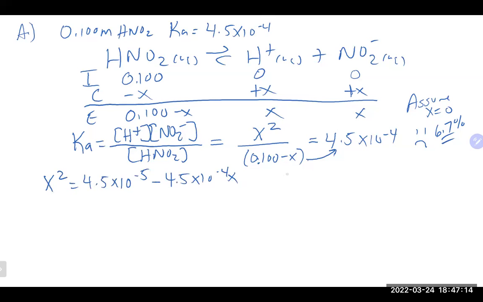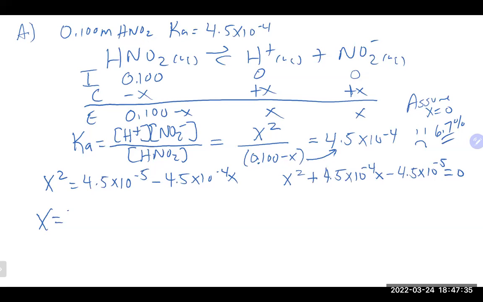Gets me the quadratic equation of x squared plus 4.5 times 10 to the minus 4x minus 4.5 times 10 to the minus 5 is equal to 0. That obviously goes into our quadratic formula. So I'm just going to put the numbers in here.